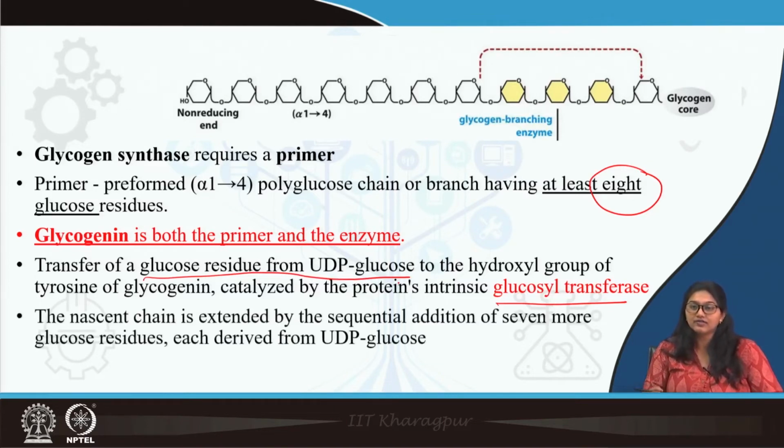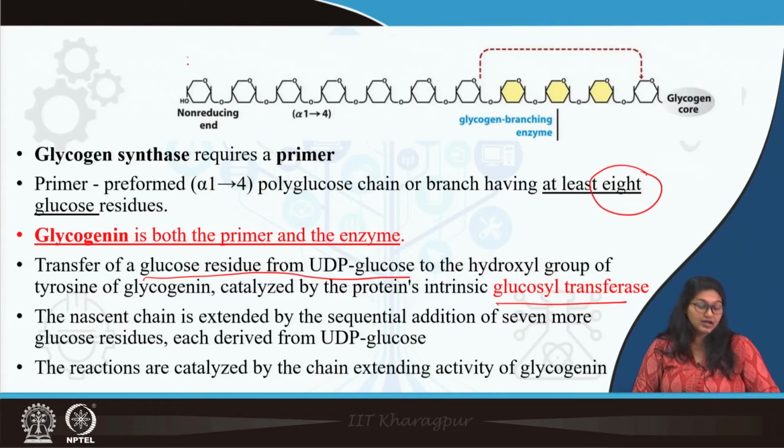So, consecutively 8 glucose residues are attached over glycogenin, at least 8 glucose residues, to form the glycogen primer, and this glycogen primer can be acted upon by the glycogen synthase enzyme. So, here you can see there is formation of glycogen primer.